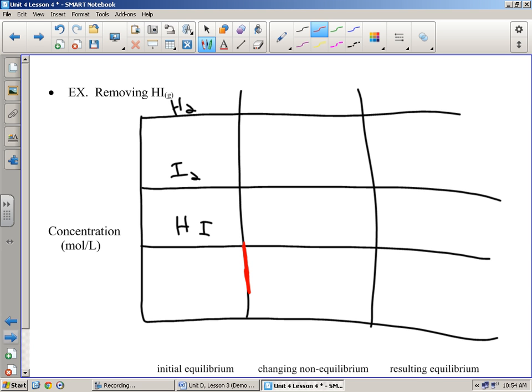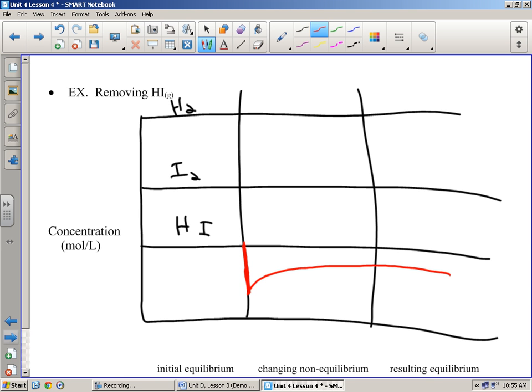So what happens to the concentration? Well, it's going to go down. I'm not going to have as much anymore. But if I take out HI, what does it try to do? It tries to make more, yes? So then it's going to try to increase back up again. And once again, it's probably not going to reach its original equilibrium, but it's going to try and make more.